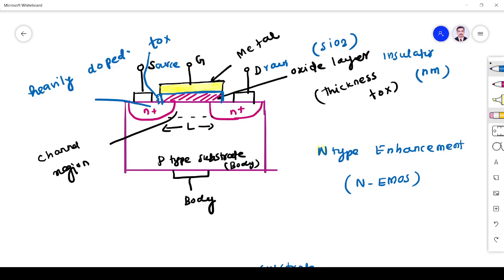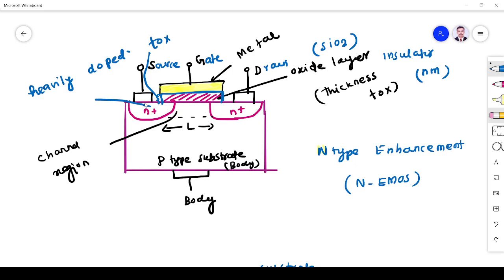Okay, so above the oxide layer, the metal is deposited on the oxide layer. You see the yellow color is metal. From that the gate terminal is taken. So in MOS we have one body. It provides physical support. In the body we have two layers created, two terminals. This is heavily doped N plus. This is N plus.